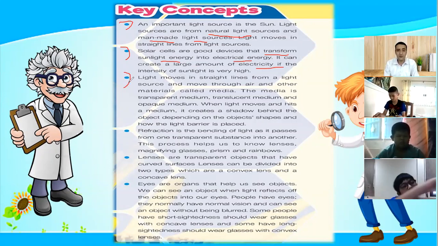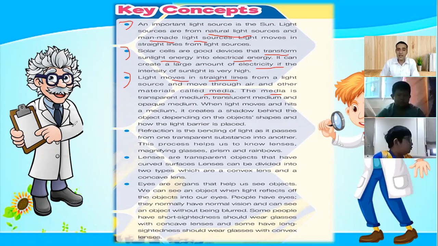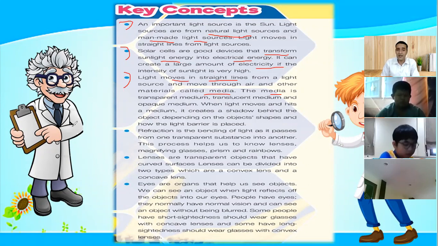Next, light movement. Light moves in straight lines. You always have to remember that light moves in a straight line from a light source and moves through air and other materials called media. The media are transparent medium, translucent medium, and opaque medium.